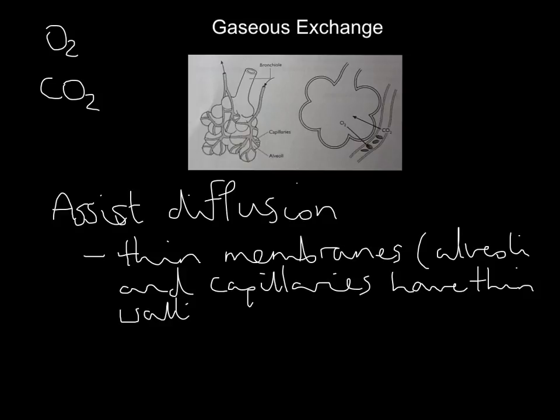So that alveoli there has a very thin wall. The capillary has a very thin wall, meaning gases can easily diffuse from one into the other. So that's how the lungs are designed to help diffusion in one way.